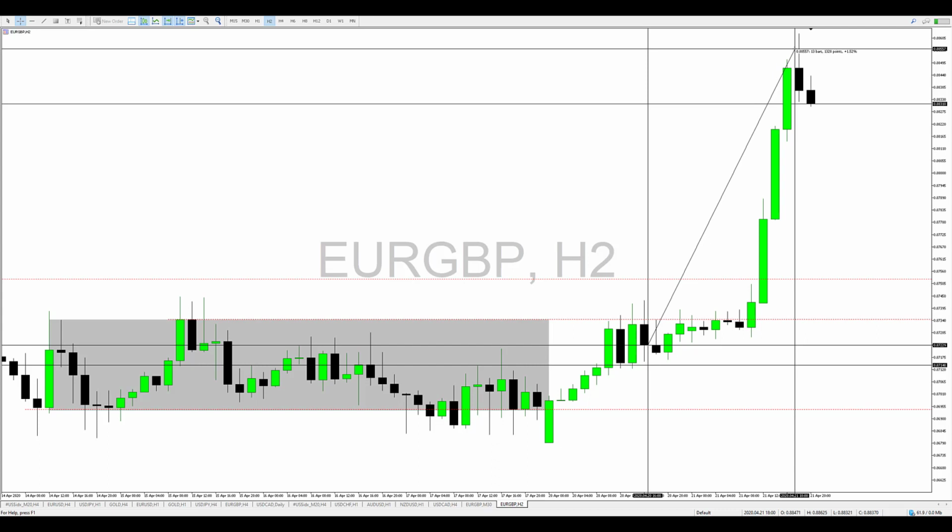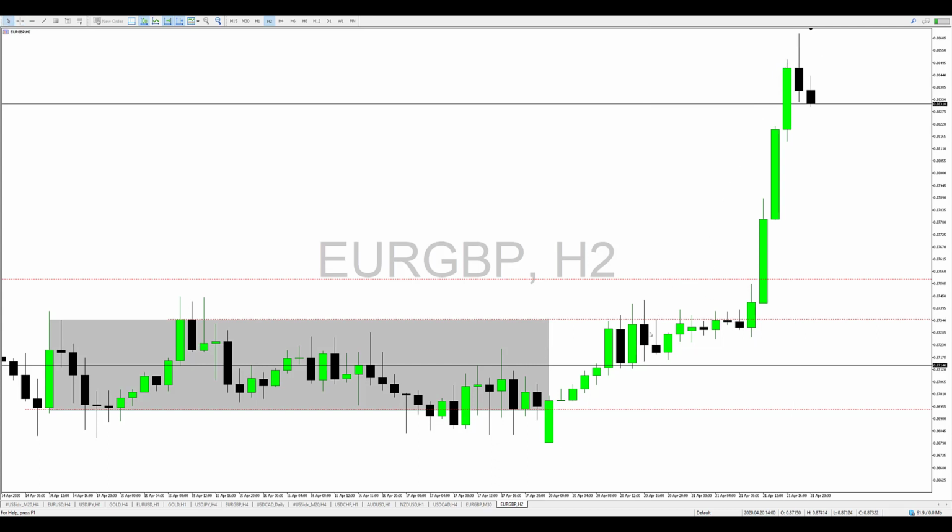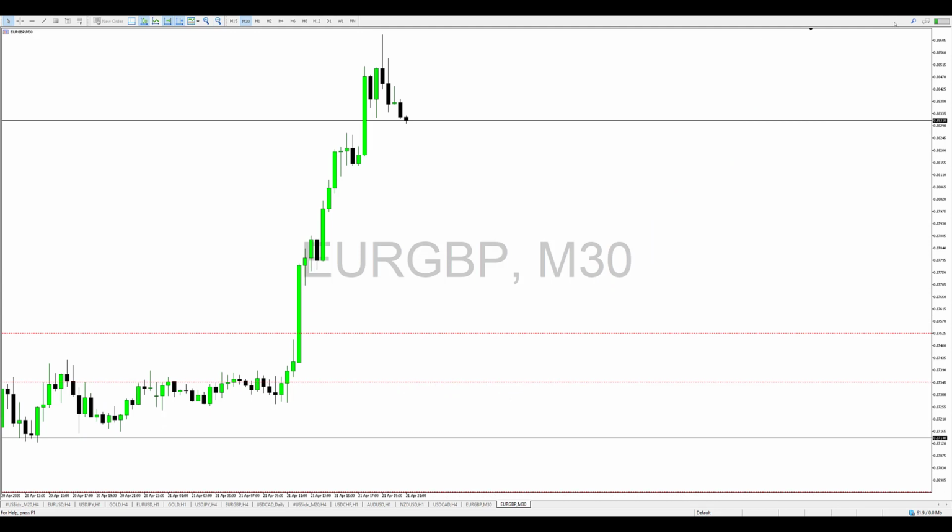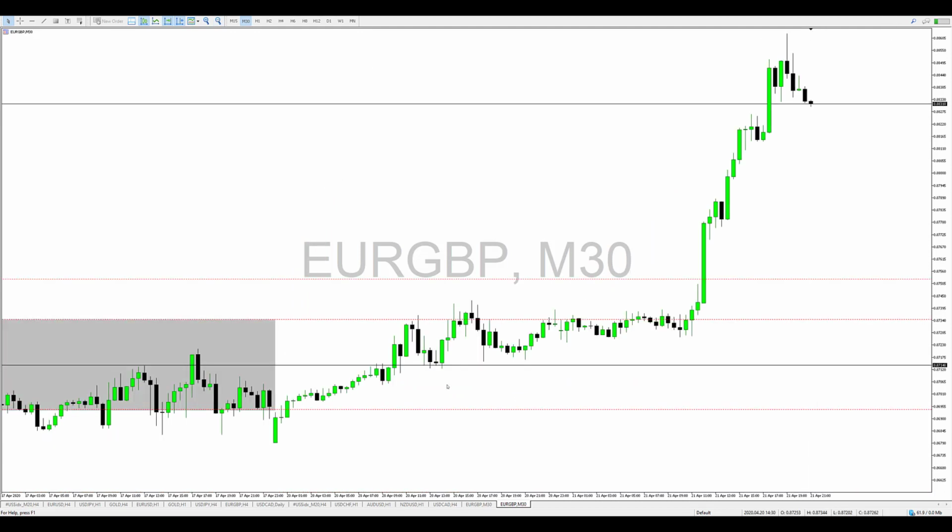130 pips. You see, so in this down candle here, if I go to a 30-minute time frame so that you see exactly what I mean. You see, this down move here is our bullish order block. Then the market traded away.